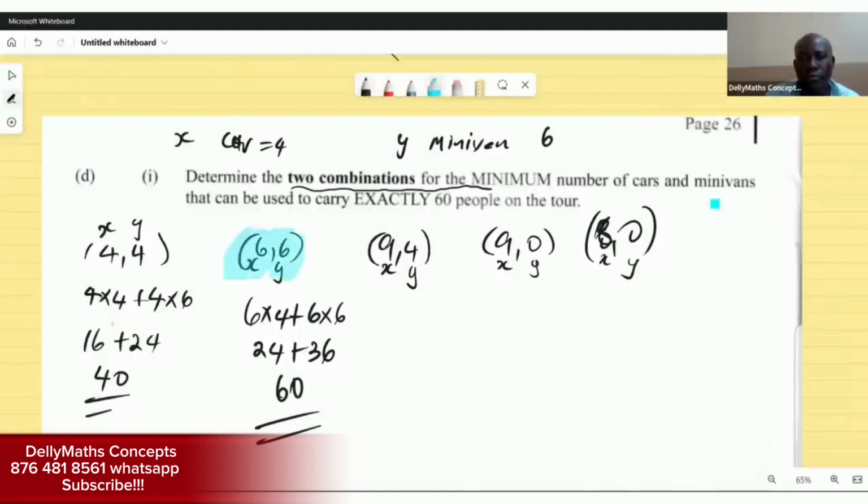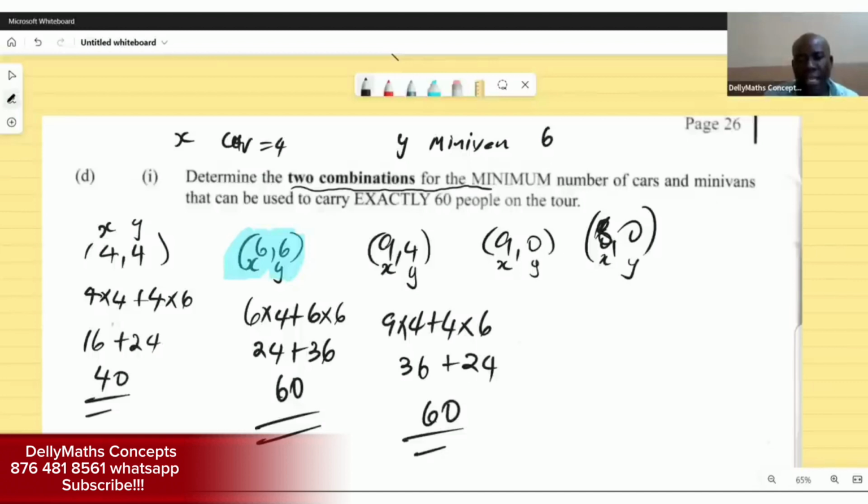I need one more, so let's go again with (9, 4). Remember, 9 is for X, so 9 times 4 people, and then 4 times 6. 9 times 4 is 36, 4 times 6 is 24. When I add these, I'm getting 60, and that's another. Therefore, (9, 4) works.